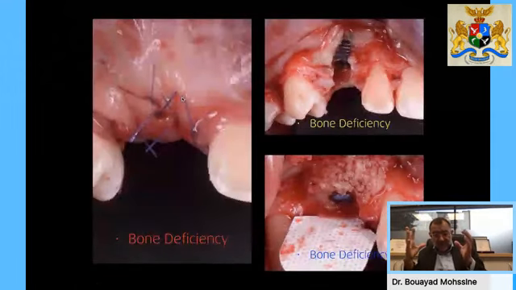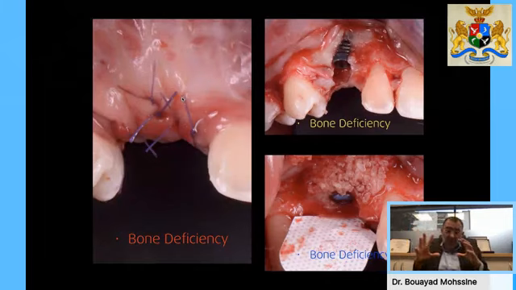In the bone deficiency, we have to recreate a good volume of bone, placing the bone around the implant and preserving the site with a resorbable or non-resorbable membrane. The most important thing is that we have a hermetic zone around our grafting to have a good result during the healing.